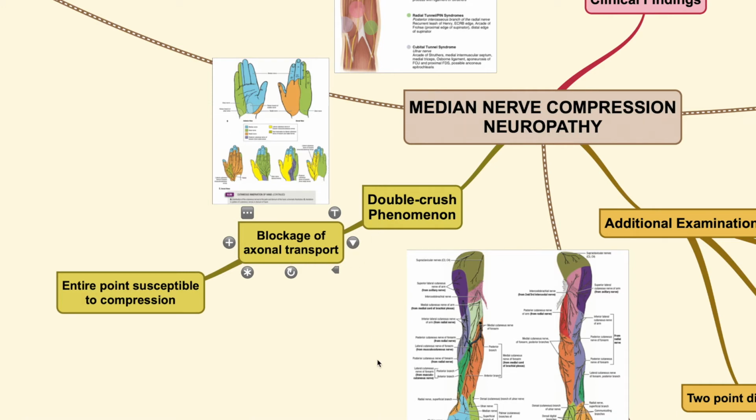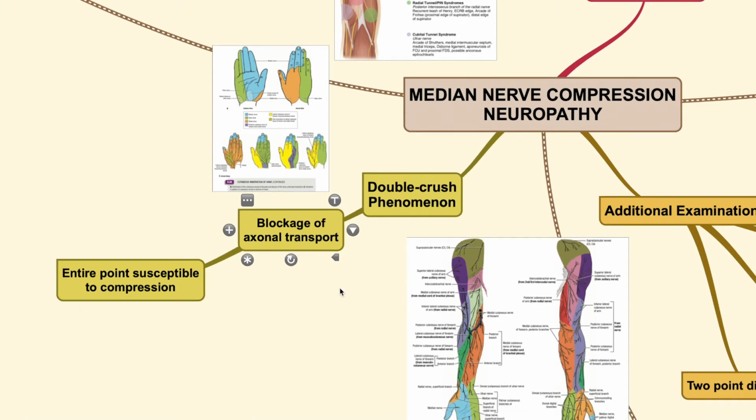Inside our nerve, all those substances that the nerve produces and uses during normal metabolism go back and forth from the nerve cell body down to the axon, and we call that axonal transport. And because that single point of nerve has sustained a severe crush injury, the whole axonal transport is blocked.